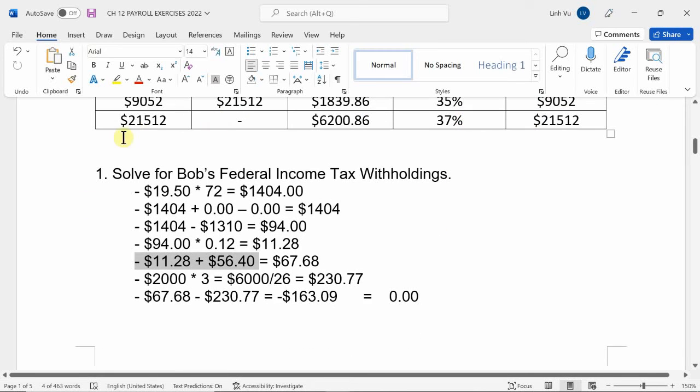So in this case, that extra 12% is that $11.28 because you have to add that to what the government's going to take from your paycheck regardless of what you earn. That's where you get $67.68. Okay, cool.